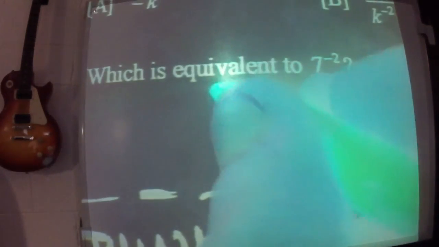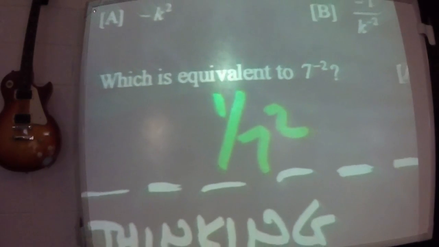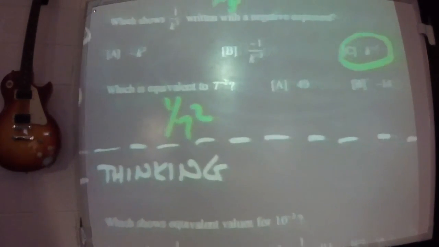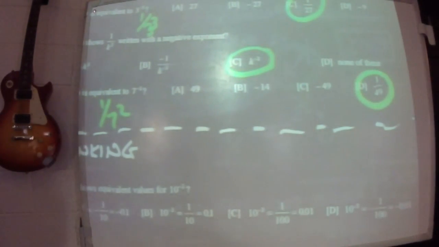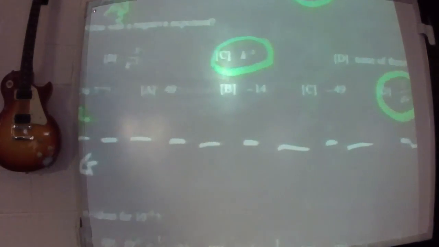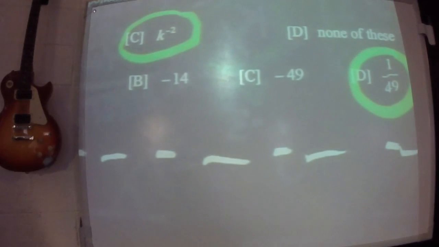And you should know that 7 squared is what? 49. 1 over 7 squared. And if you don't see 1 over 7 squared, then expect to see 1 over 49. That kind of looks like a weird, jagged fraction. It's like the paper got wrinkled when I copied it or something.